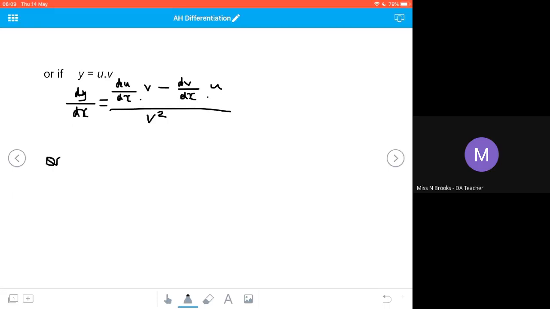Or, more simply put, we can say that y prime equals u dash v minus v dash u all over v squared.